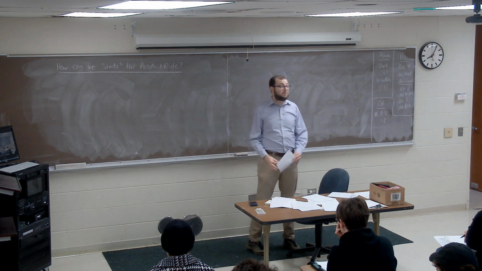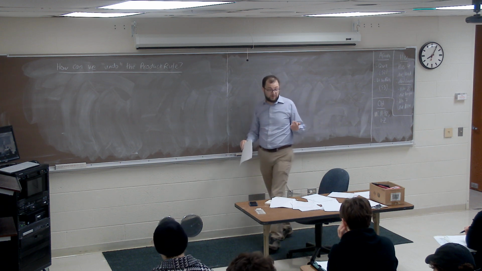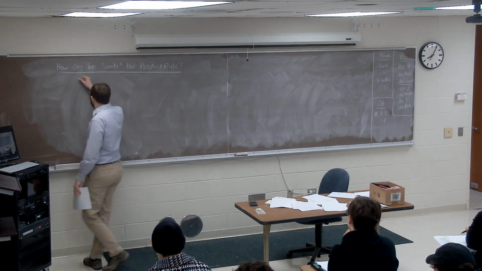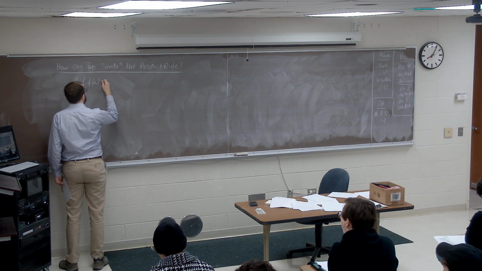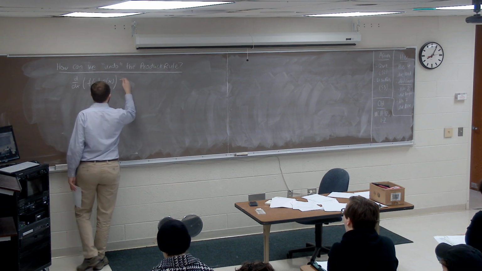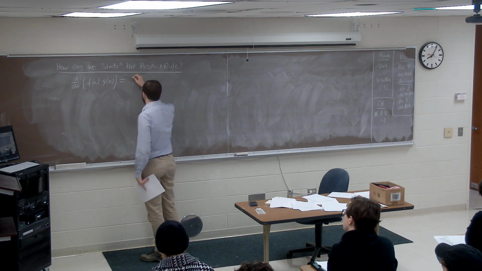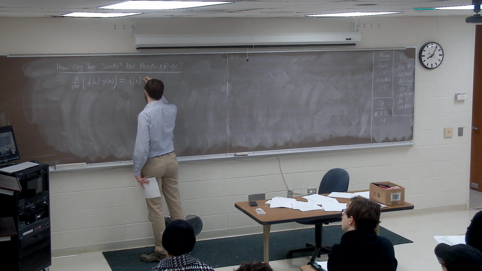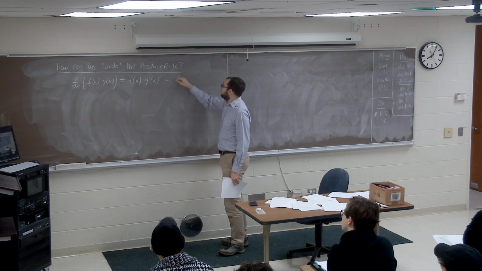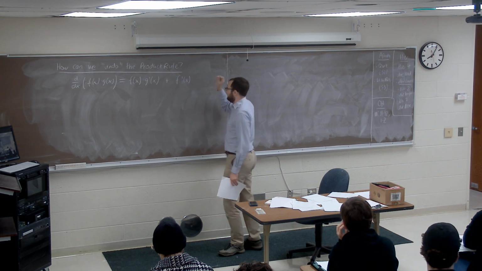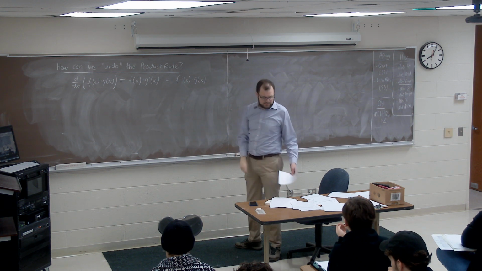The main idea behind the product rule is you're looking at two different functions being multiplied together. When you want to differentiate their product, f of x times g of x, the product rule tells you to do the first function, f of x, times the derivative of the second function, added to the derivative of the first function, f prime of x, multiplied by just plain old g of x.